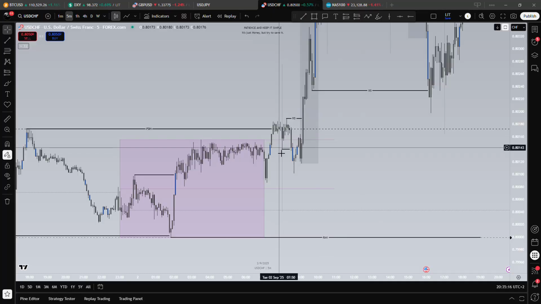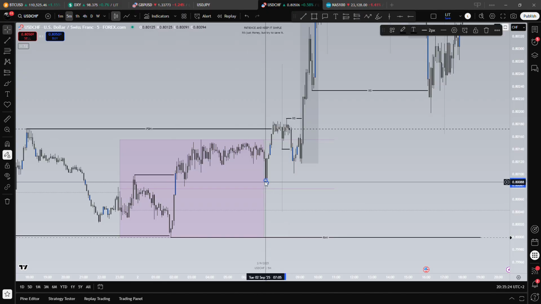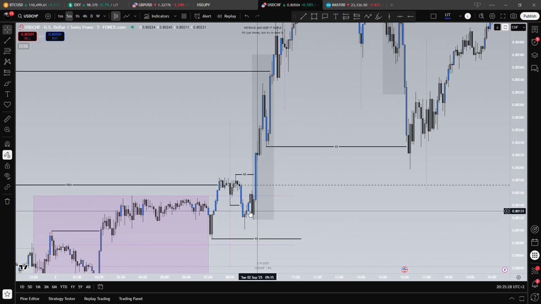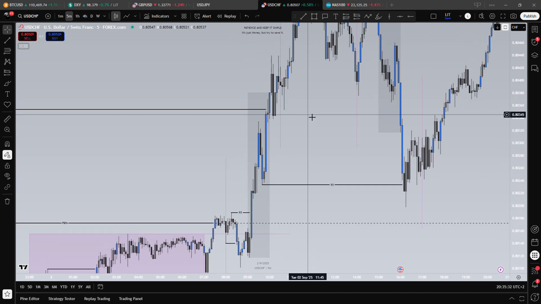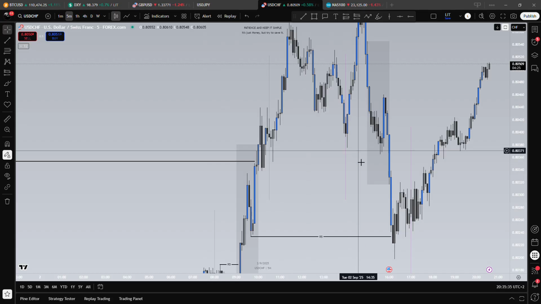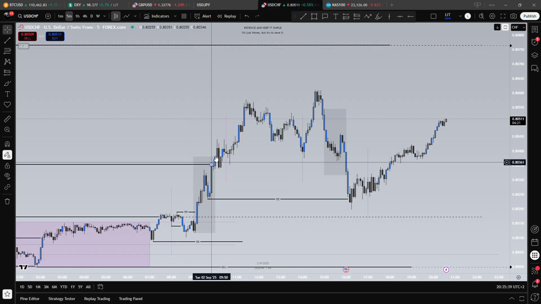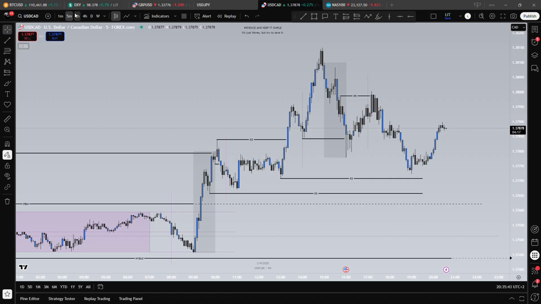So we had a break to the downside, but we had a lot of wicks and I didn't really like it. It's true that the round liquidity on M5 was here, but I just didn't like it. I had the other trades open, and then it moved to the upside, and here, no trade for me. It's too far from this. We have liquidity to the upside, so no trade for me.